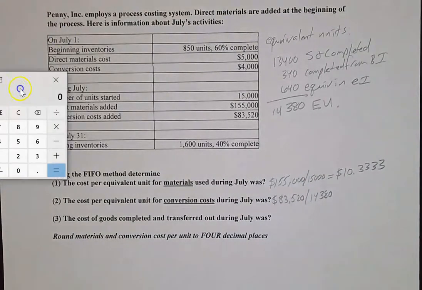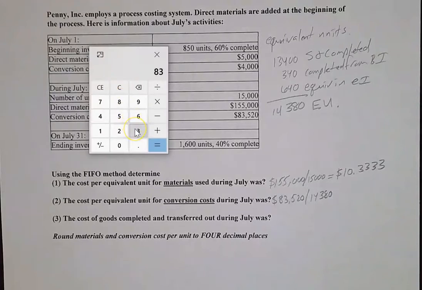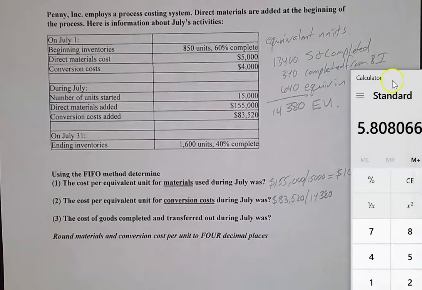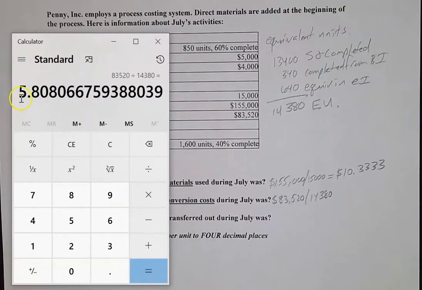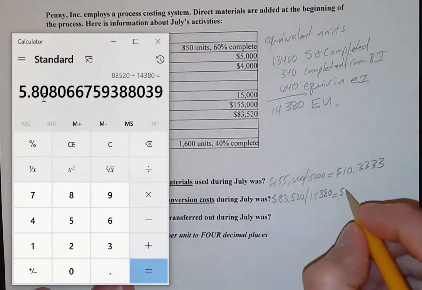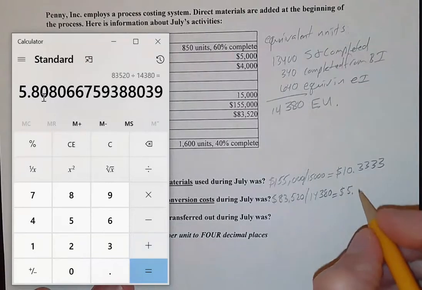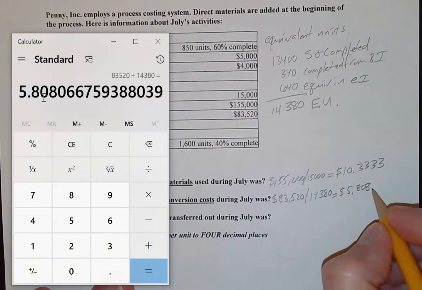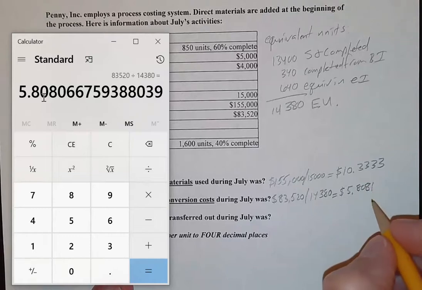So let's bring our calculator back over here. 80,520 divided by our number of equivalent units for conversion costs, 14,380 is 5.8081.